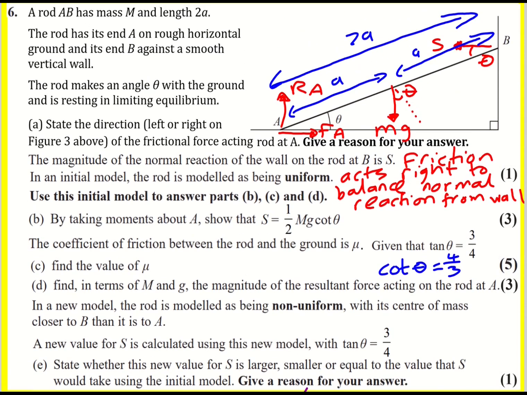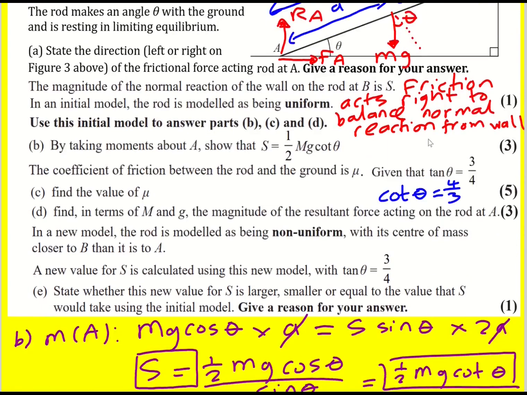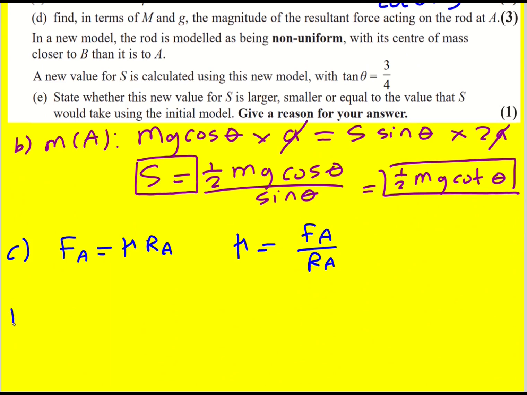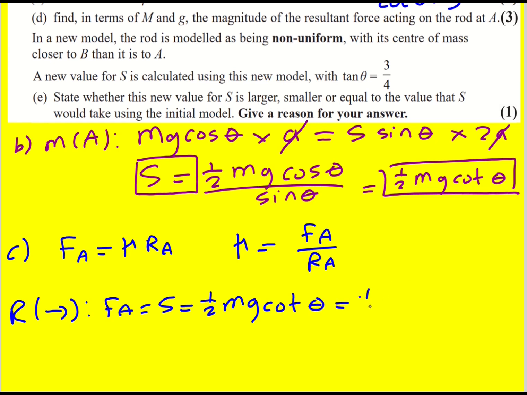The nice thing about this question is that there are only two forces going horizontally, so they must be equal. It must be that FA is equal to S. So resolving horizontally, FA equals S equals a half mg cot theta, which is a half mg times 4/3, which is 2/3 mg.